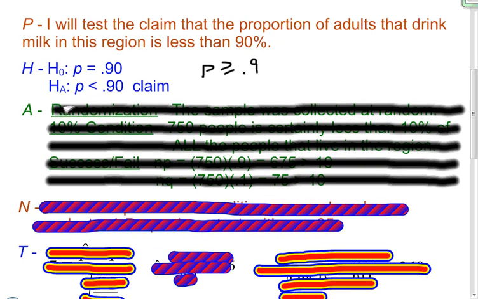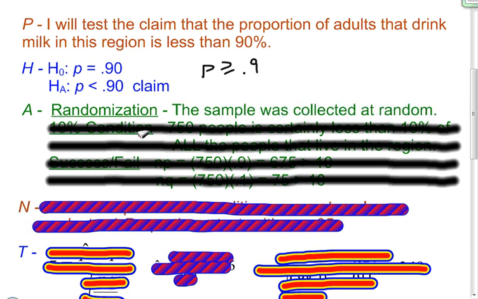Well, we now need to check our assumptions and conditions. The first assumption and condition that we need to check for proportions is randomization. So in this case, it tells us that the sample was collected at random, and that means that this condition has been met. Then we get to the 10% condition.